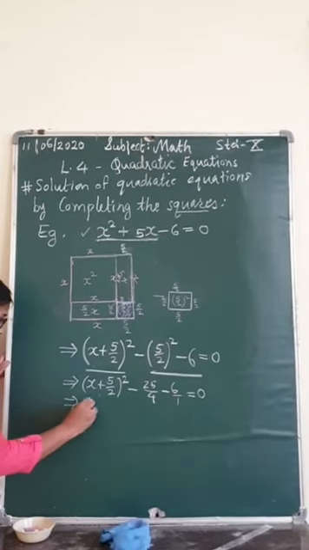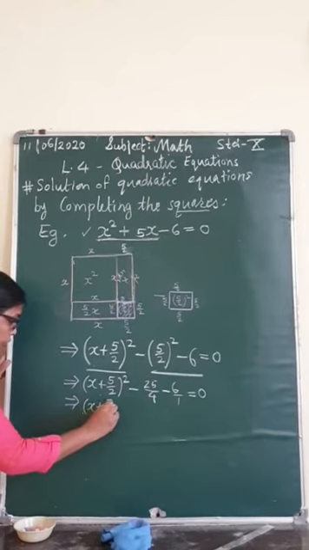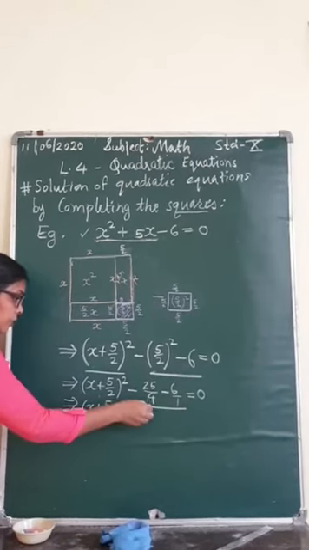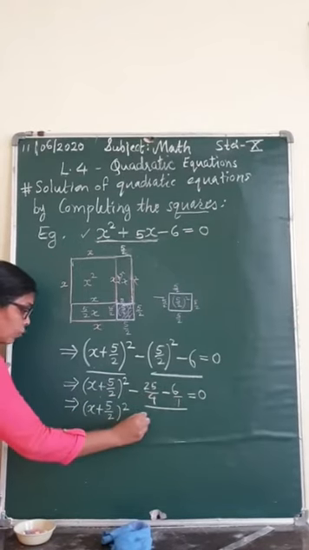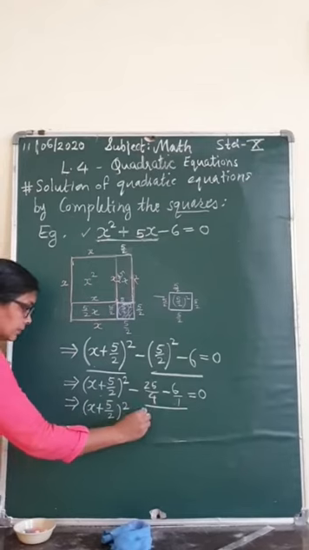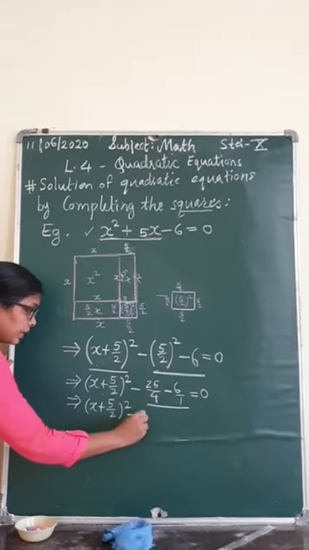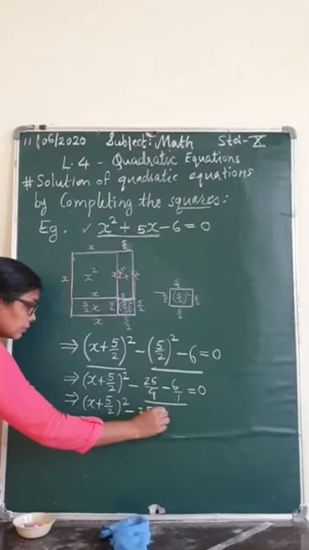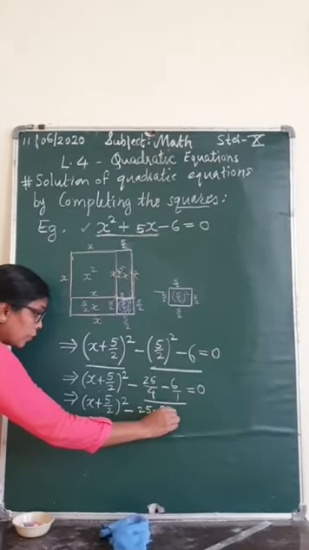So that gives us x plus 5 upon 2 whole bracket square. Now solve this by taking 4 as LCM. What we get here is minus 25 minus 24.